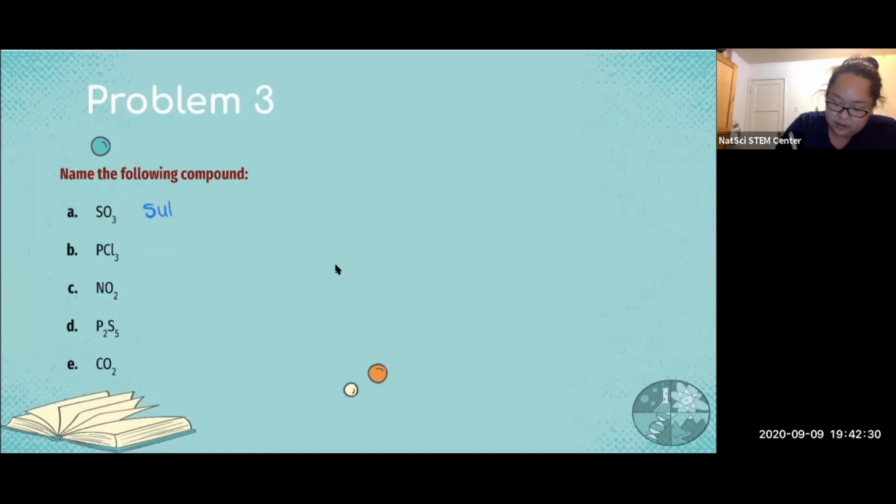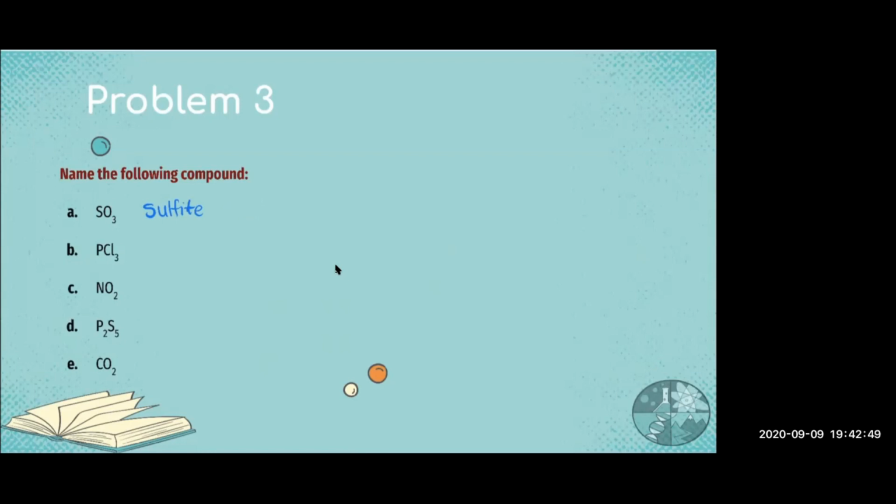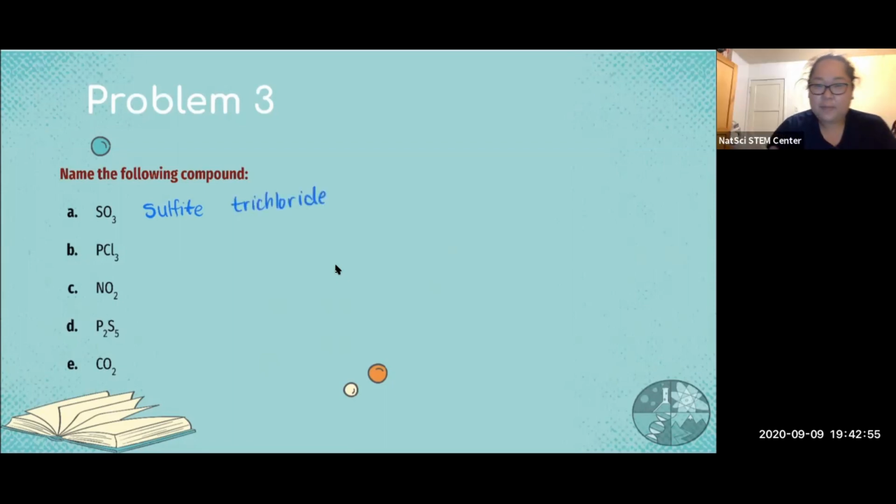Okay, P, phosphorus chloride, 3 chlorides, phosphorus tetrachloride. No. Is it tetra? Trichloride. Tetra is like 4 or 5. So Penta. You got half of this right.